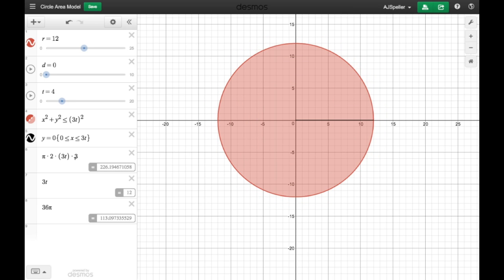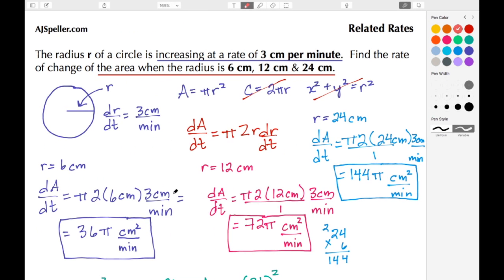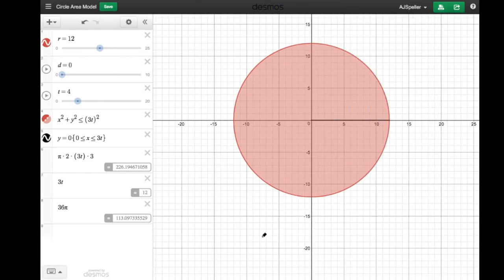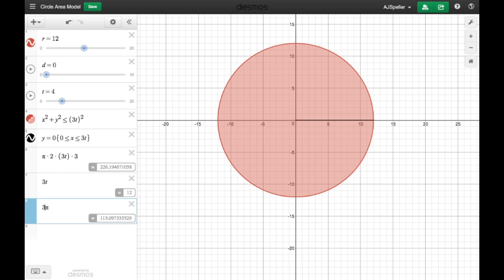All right, here I am at 12. I have the 226 point 1946, etc. Let's go back to our analytics. We see that when r is 12, the area is changing at 72 pi centimeters squared per minute. So let's type in 72 pi. Down here we put in the 72 pi, and we see that these two values match exactly.